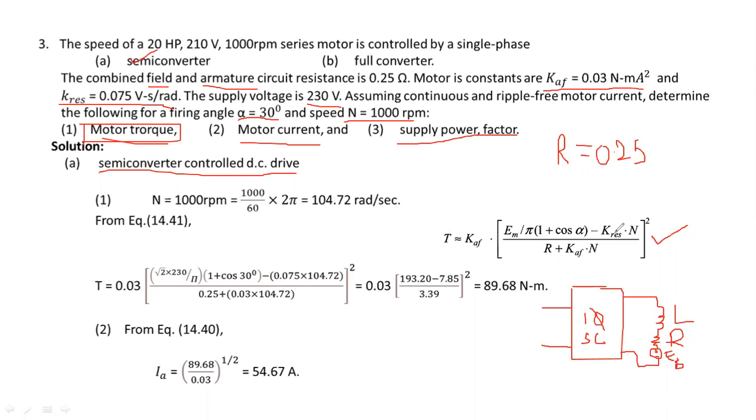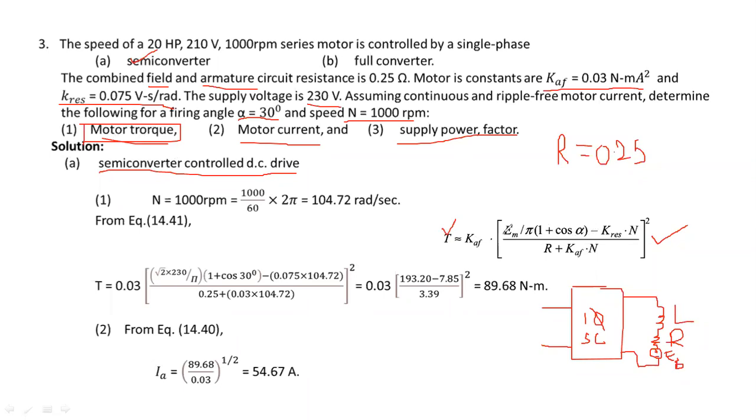From that equation, we can also derive the torque equation in terms of speed. If you rearrange the terms, we will get the torque equation. So we have to calculate the torque here, and with this equation we can calculate the torque.